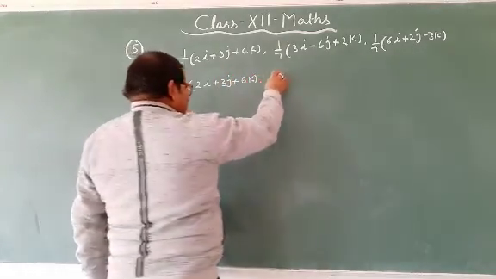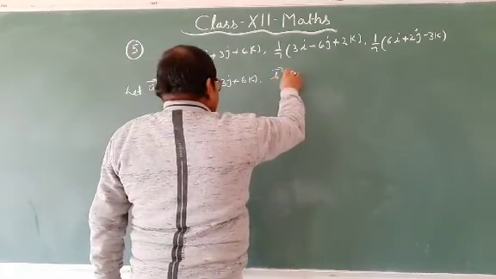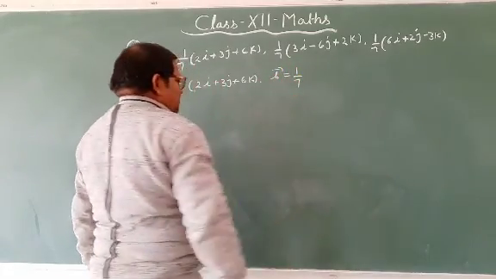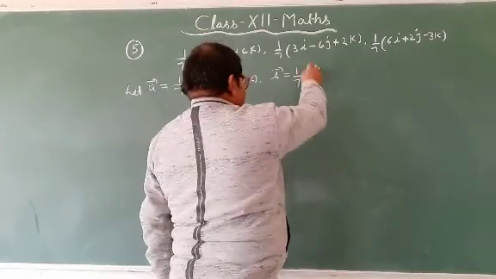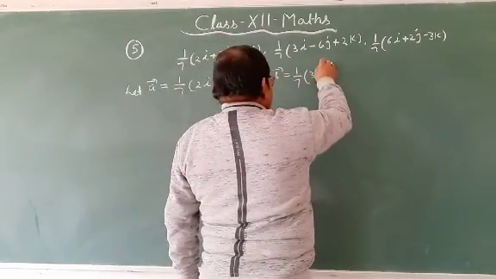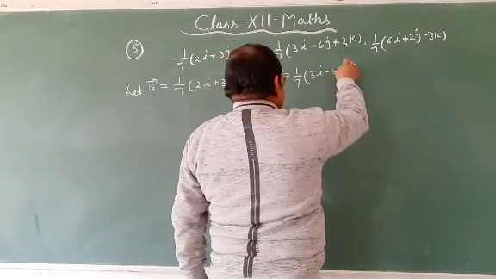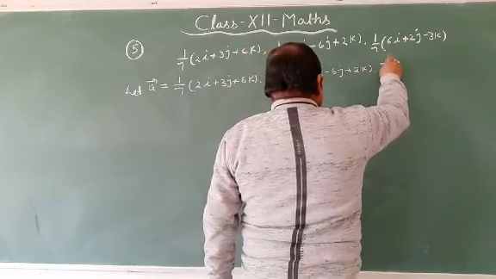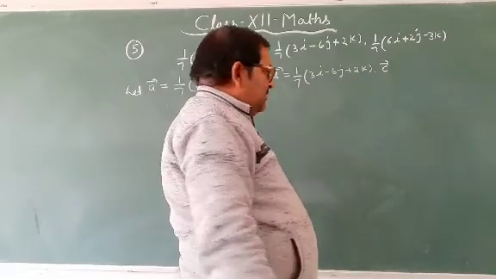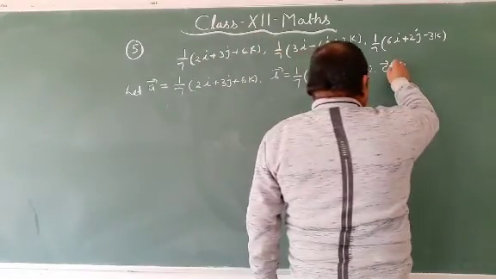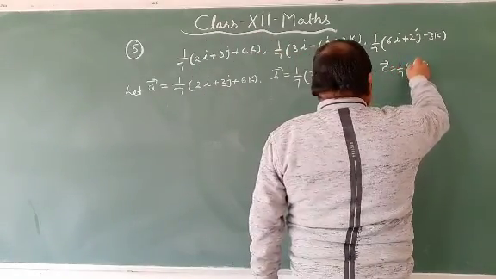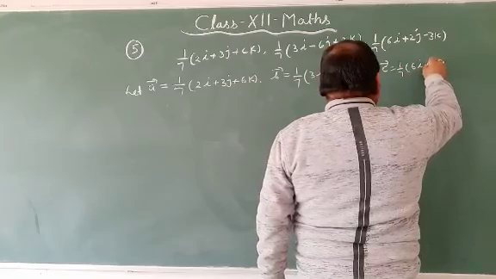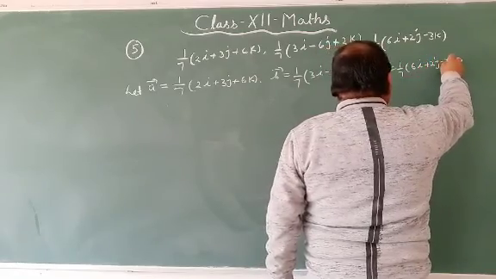Vector B equal to 1 by 7 (3i - 6j + 2k). And vector C equal to 1 by 7 (6i + 2j - 3k).